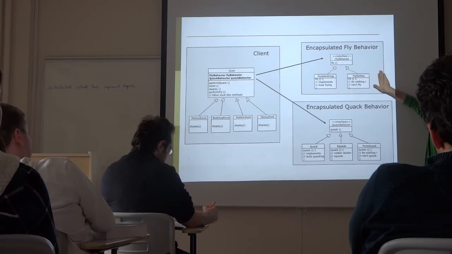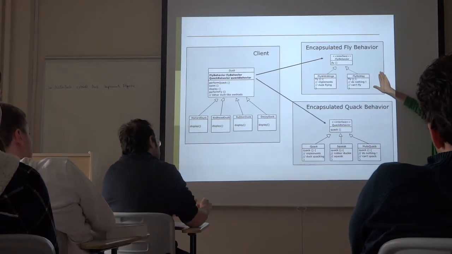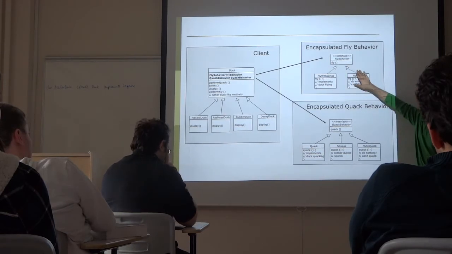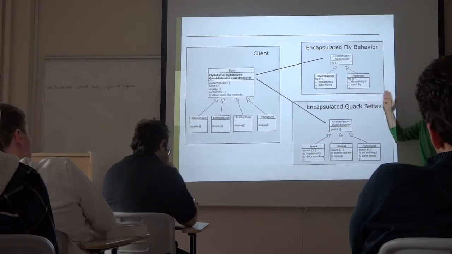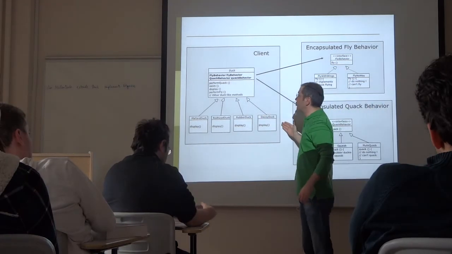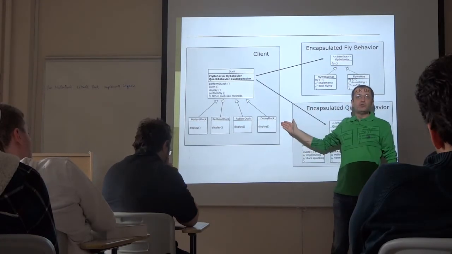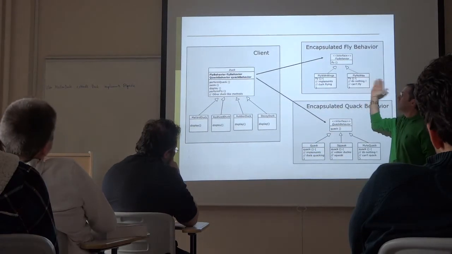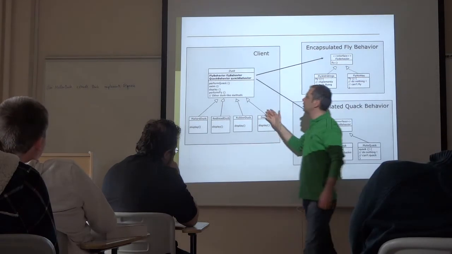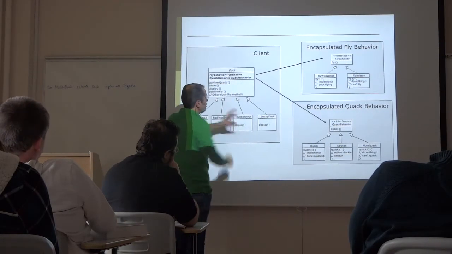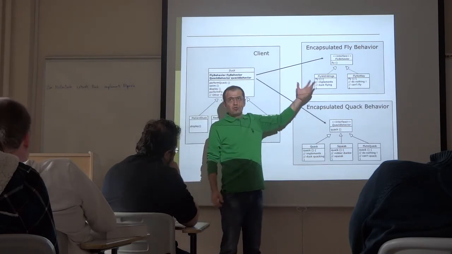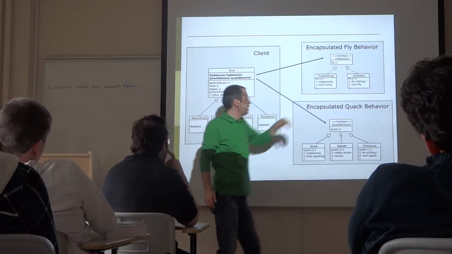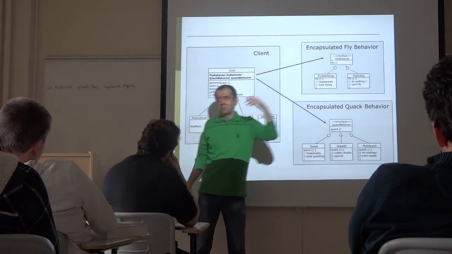What I do is create a new concrete class, inherit this interface and implement this fly method. Then I create a new remote control duck out of this. All I do is put in the constructor that its fly behavior is the remote controlled fly behavior, and it doesn't make any sound, maybe.